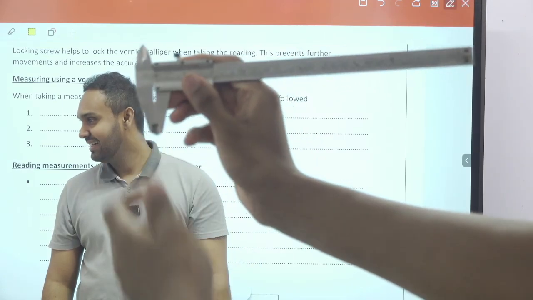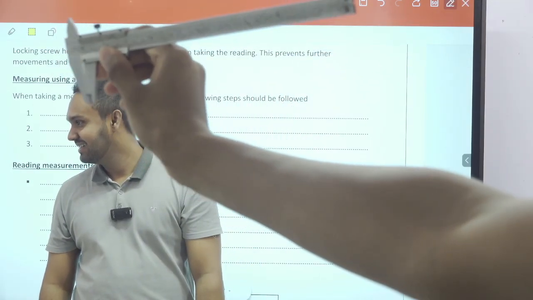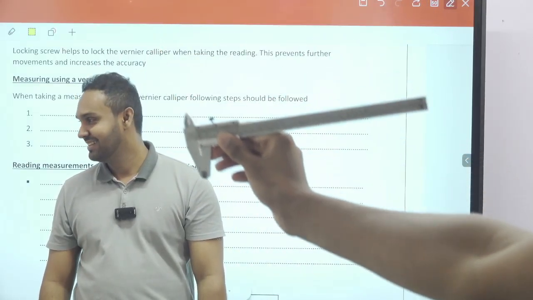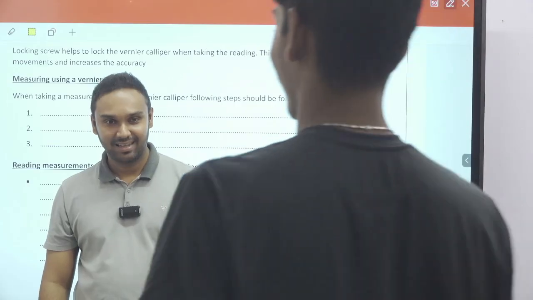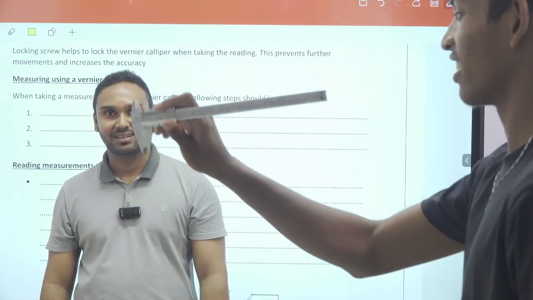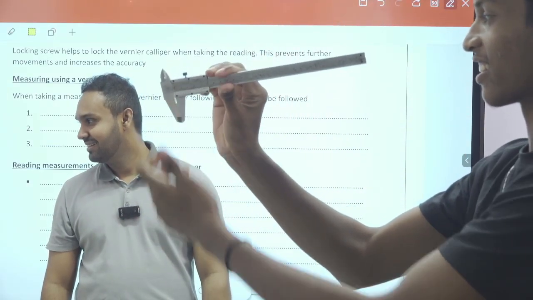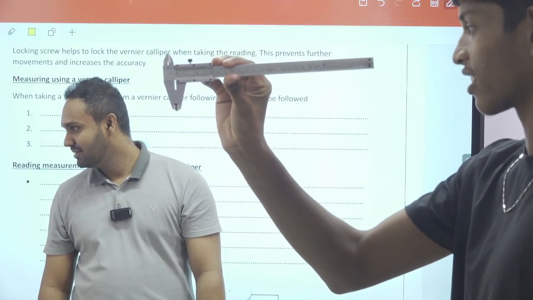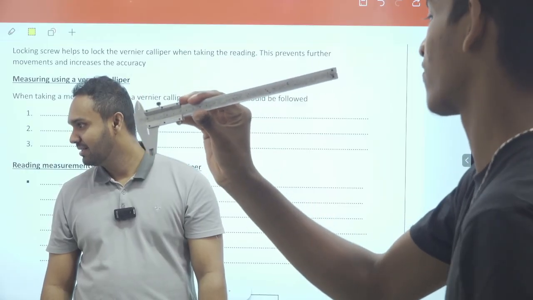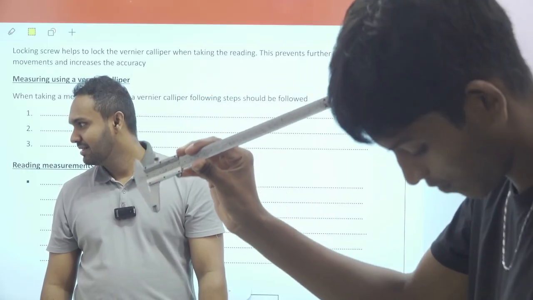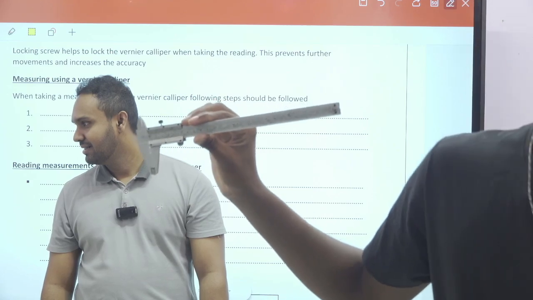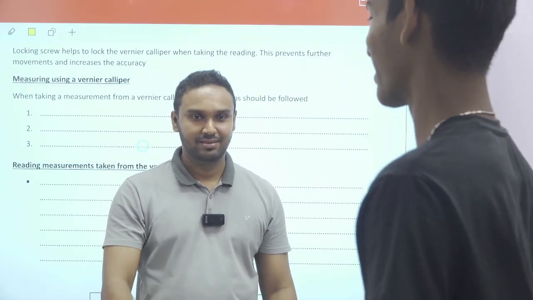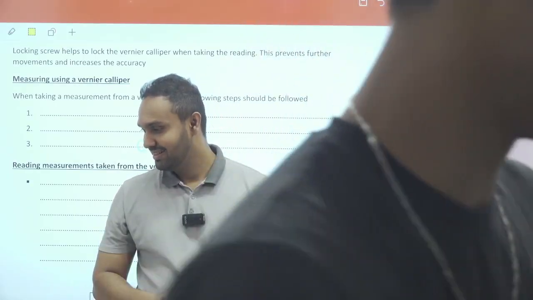Come this way. Now show it to the camera. Is it readable? I don't think it is readable. Guys, can you read it? I'll put a video some time later. Thank you for the cooperation.